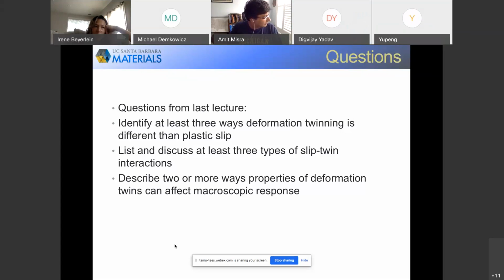While I mentioned that twins follow slip, that concept is relatively new, and a lot of it has come from atomistic simulations that emerged with that technique later on. So with that, it hasn't been applied. So that's maybe an idea that could be pursued, but it hasn't been.